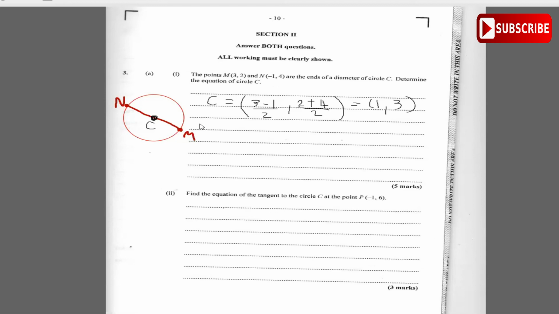That's the length of the radius R. So the radius R is equal to the distance between C and M. Using the distance formula, it's 1 minus 3 squared plus the difference in y values, 3 minus 2 squared, and that will be equal to r squared.